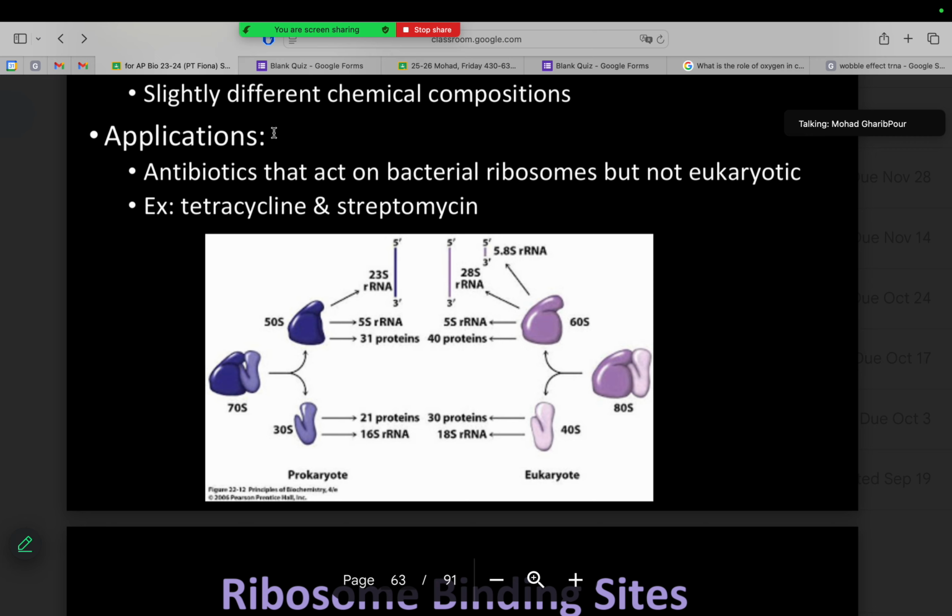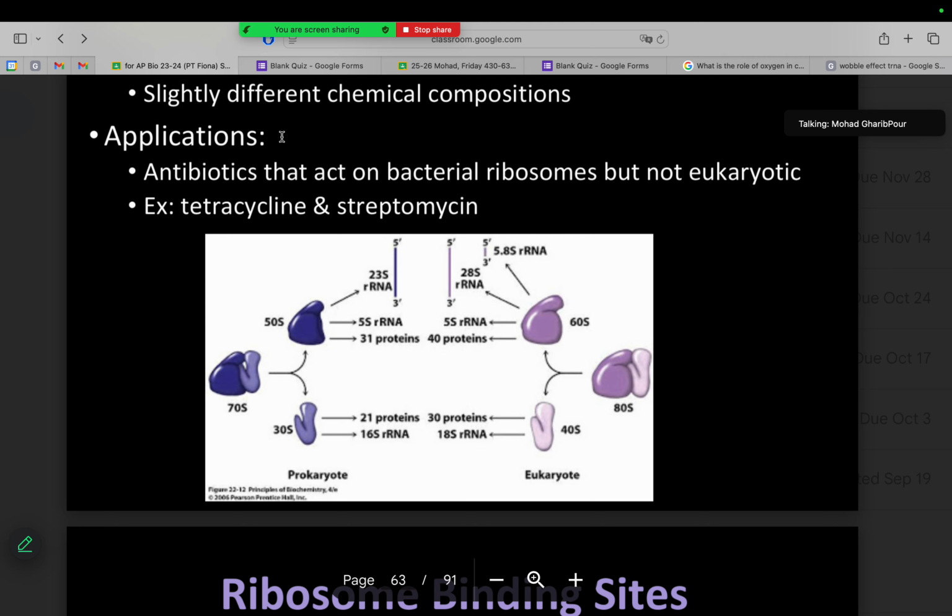What are some applications to this? In other terms, how can we use this to our advantage? When something is different between two organisms, it creates the opportunity to target one of those organisms specifically. But when something is the same between two organisms, if you target that thing, you're targeting both organisms.